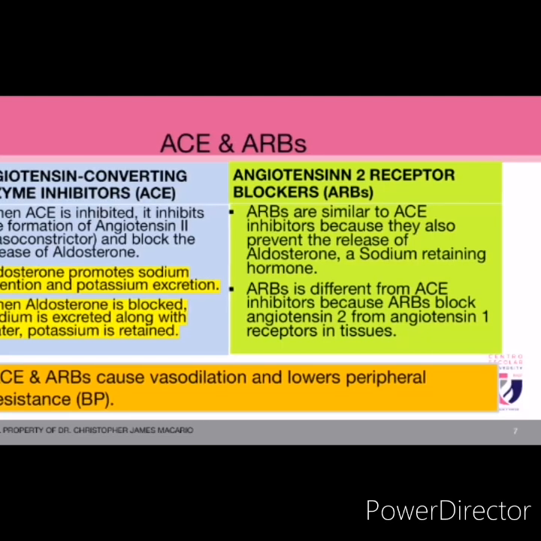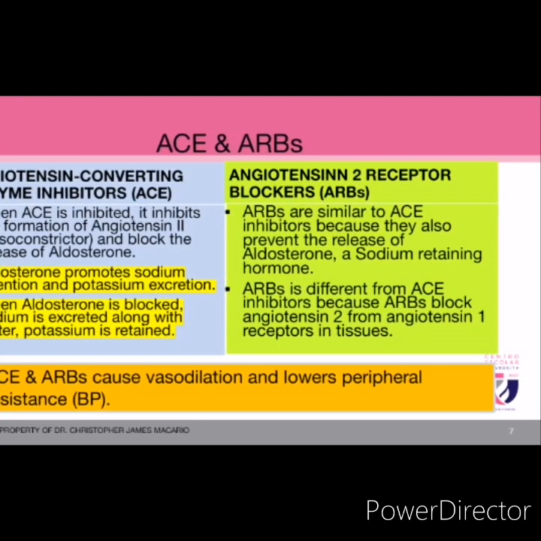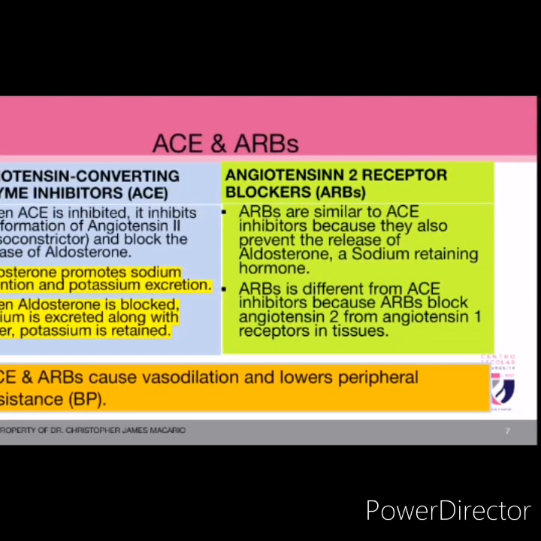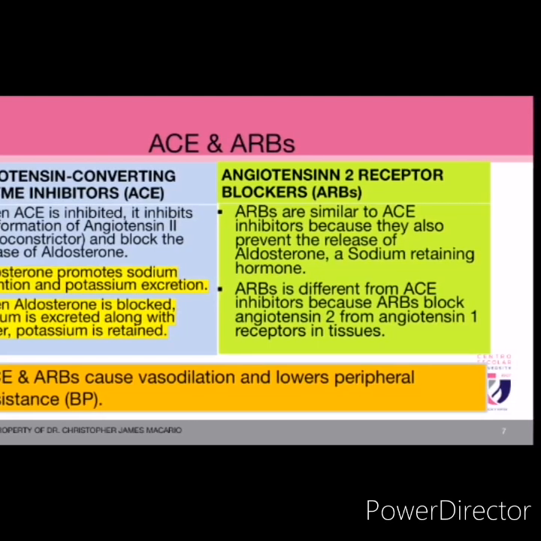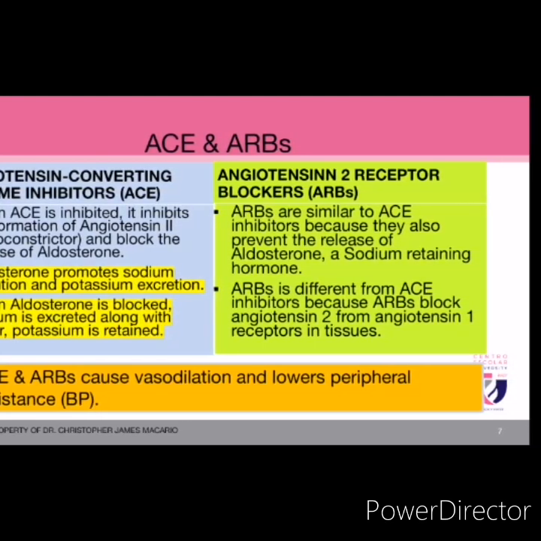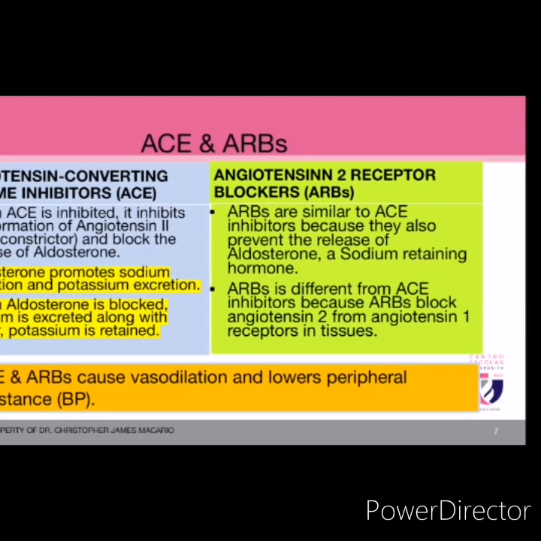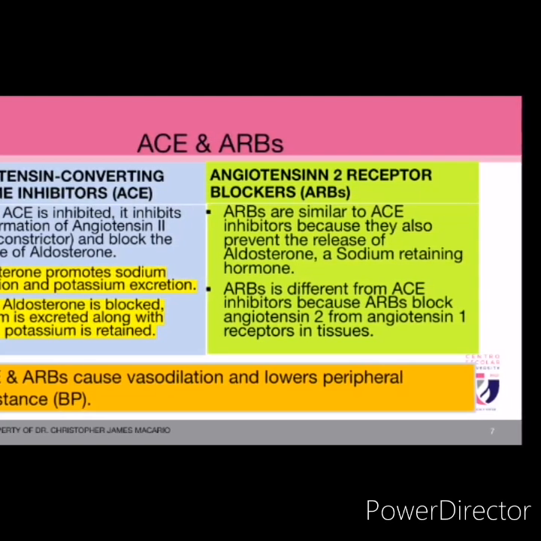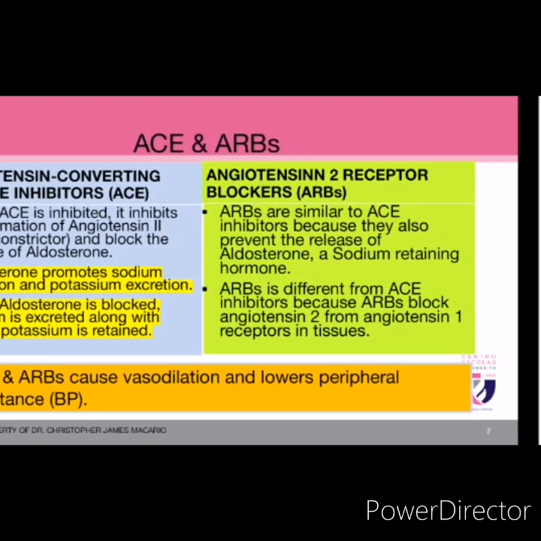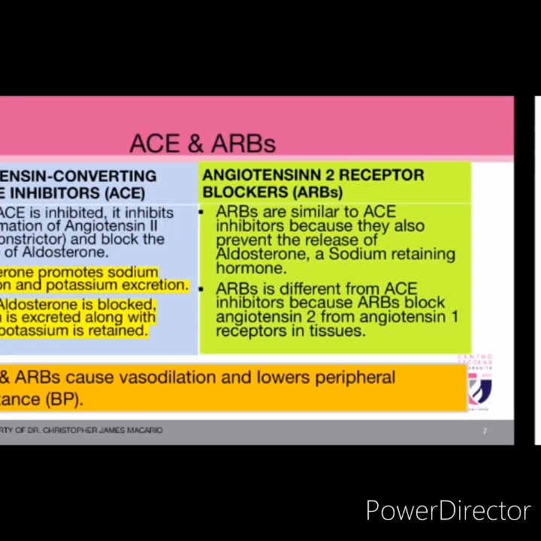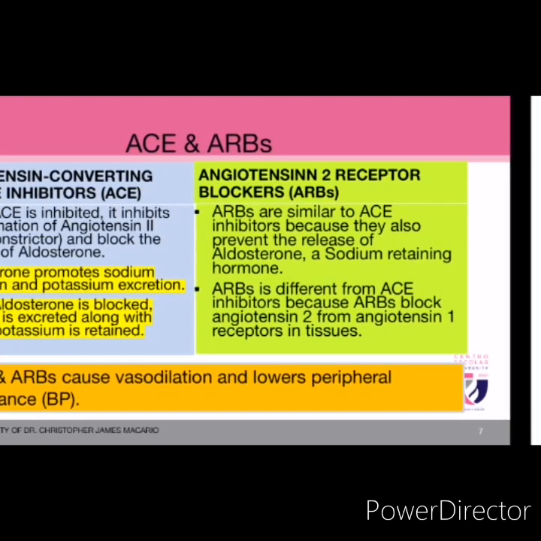ARBs is similar to ACE inhibitors because they also prevent the release of aldosterone, a sodium retaining hormone. ARBs is different from ACE because ARBs block angiotensin 2 from angiotensin 1 receptors in the tissues.